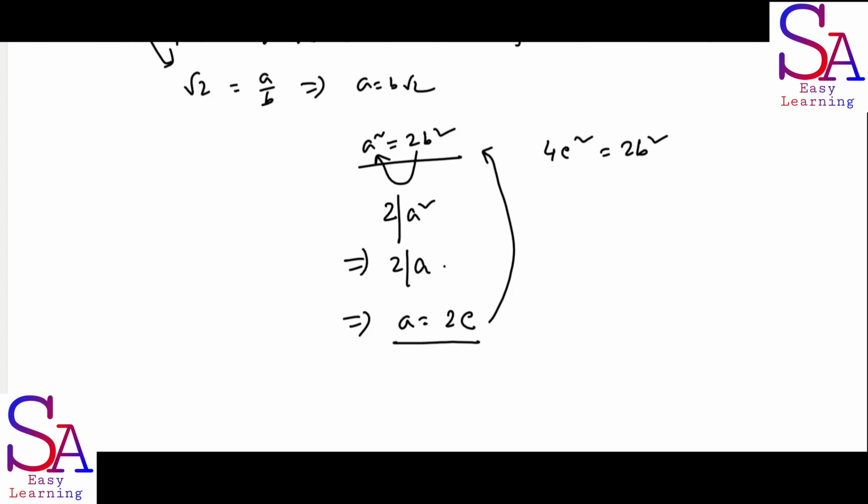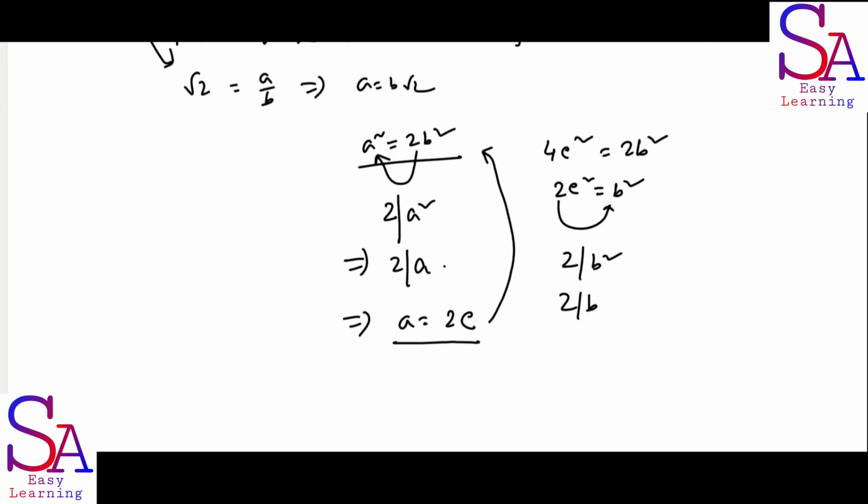So 2c square equals b square, dividing by 2 on both sides. Since 2c square equals b square, we say that 2 divides b square, and by the previous theorem 2 divides b.